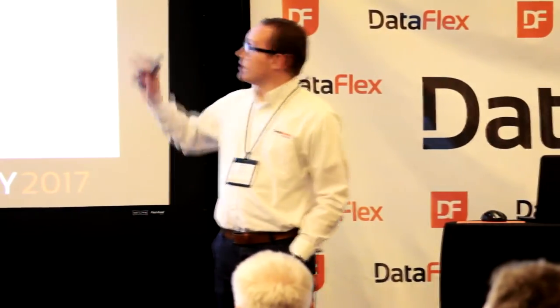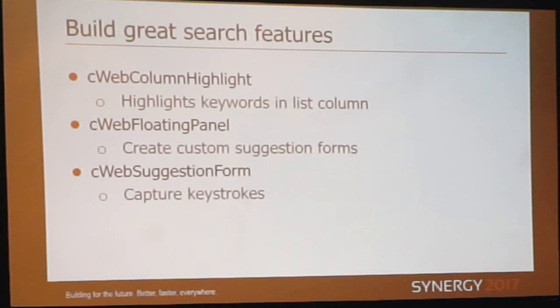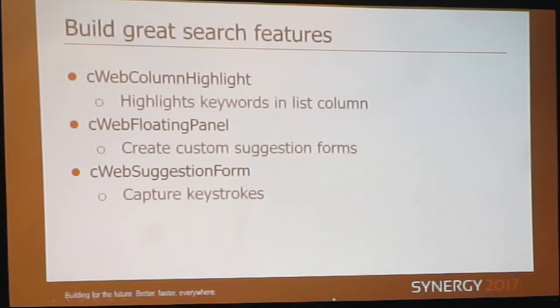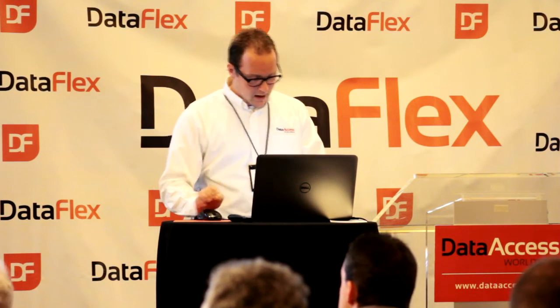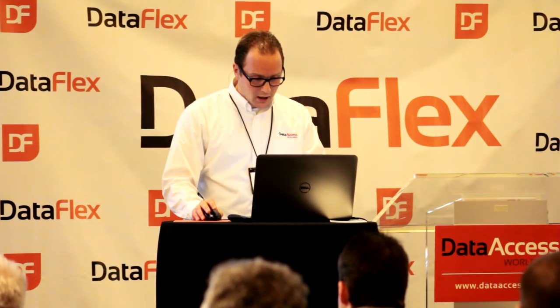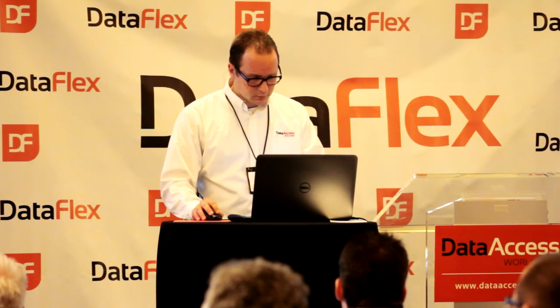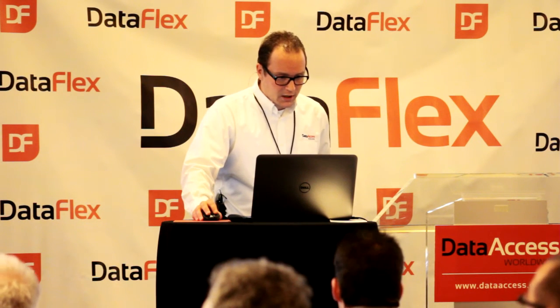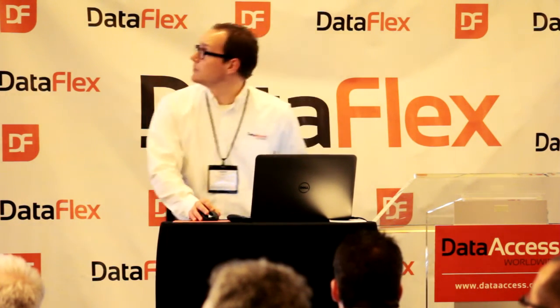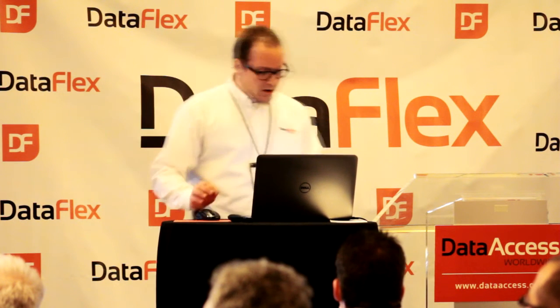Then I want to show the highlight column. We already used it during the training, and I made an example that combines the floating panel, the suggestion form, and the highlight column, and it basically allows you to do a custom suggestion form. So I put it here on my dashboard.